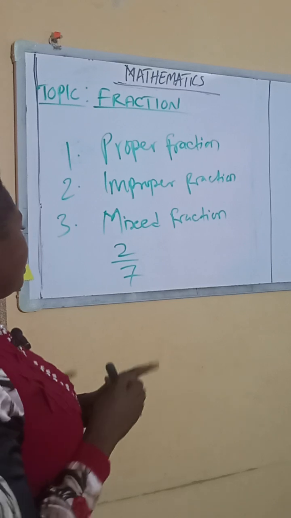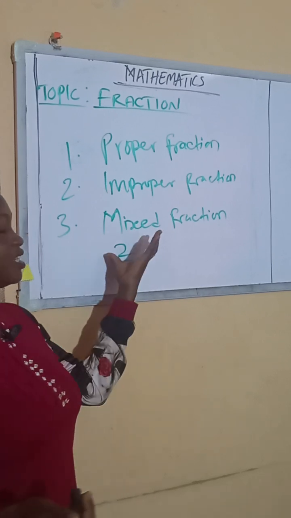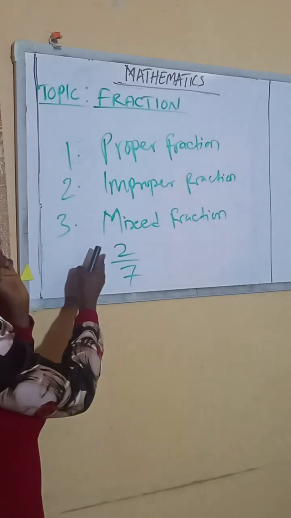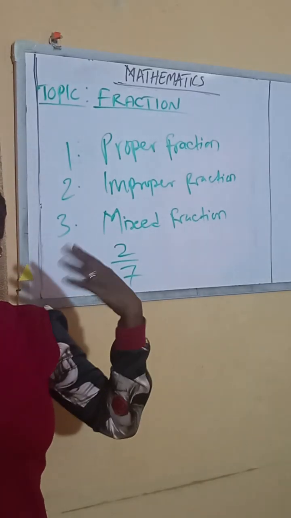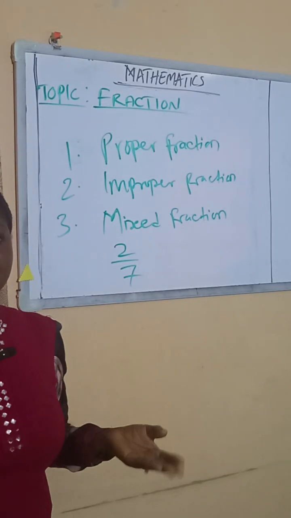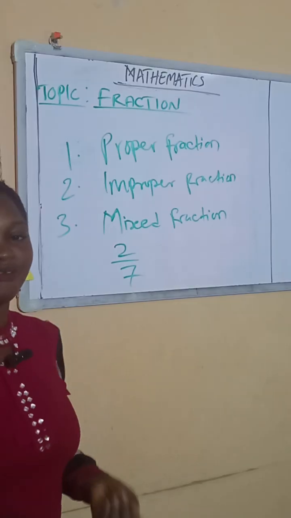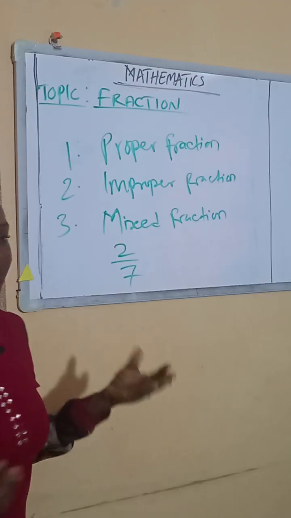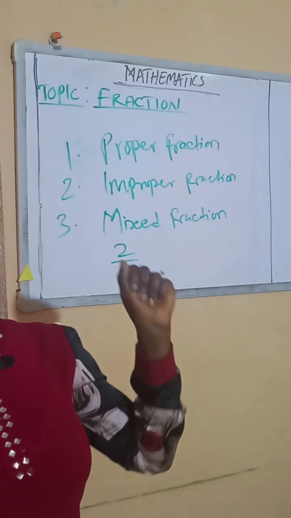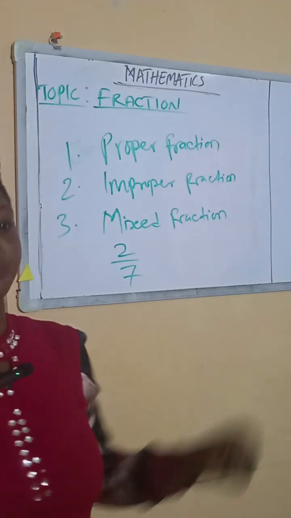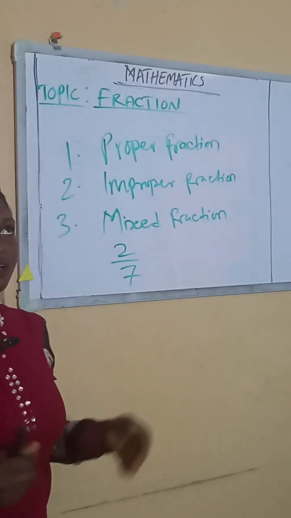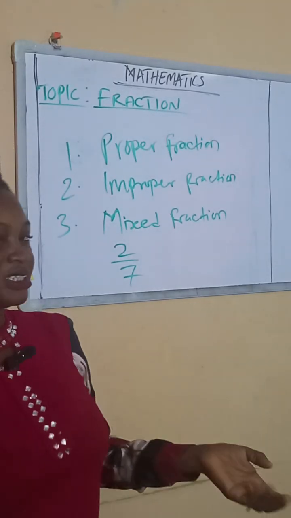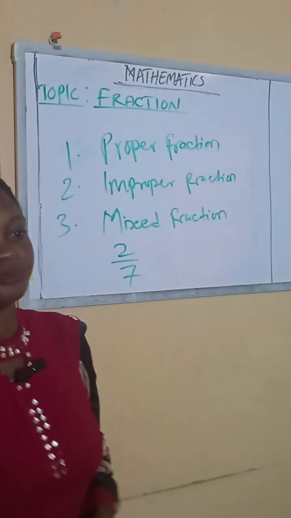It's just like a 7 years old child carrying a 2 years old child, or an adult carrying a baby. When an adult is carrying a baby, it is lighter. That means it is proper. It is not heavy. Because what the adult is carrying is smaller than the adult, so it will be easy for the adult to carry it. It's just like an elephant carrying an ant. That is a proper fraction.